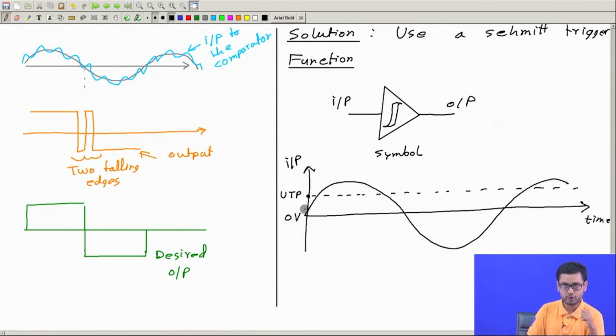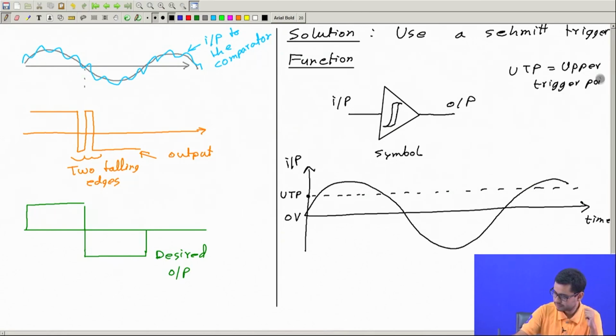Maybe this is equal to 1 volt, called UTP, upper trigger point. And similarly, we will have LTP below this 0 volt. Normally, if UTP is 1 volt, then this is minus 1 volt. If this is 5 volt, then normally it is minus 5 volt. So, this is the lower trigger point.